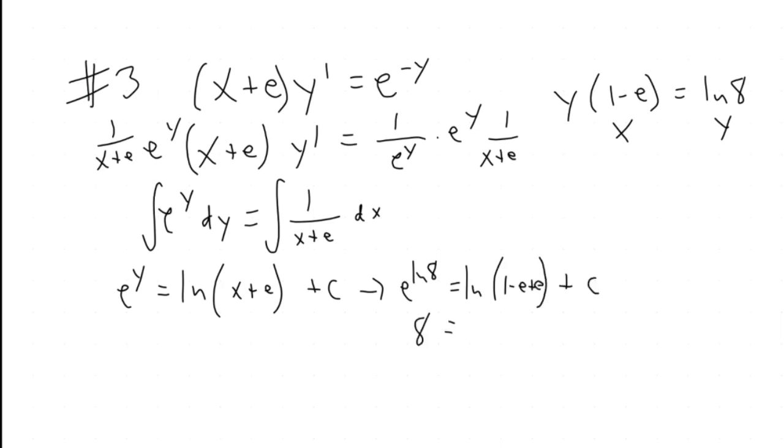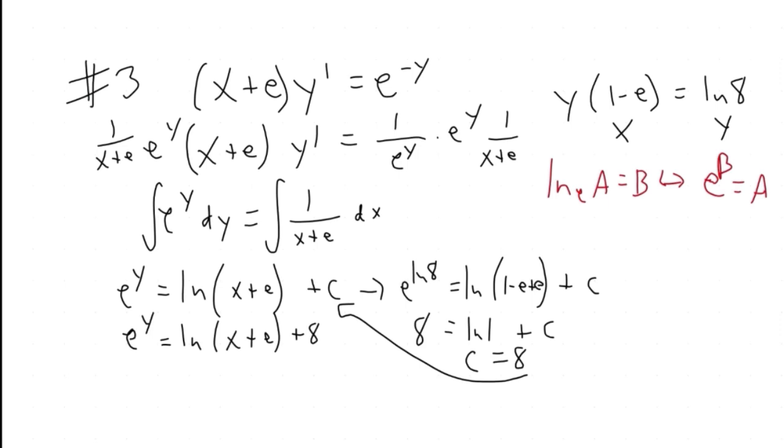That's going to be 8 equals. Inside, the e's cancel. It's just natural log of 1. But the natural log of 1 is 0. So c is 8. C is 8 right there. So that's going to be 8. Should say natural log of natural log x plus e plus 8 equals y, and that's what the answer key should say.